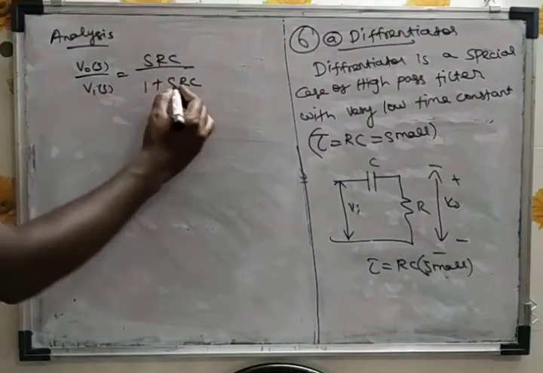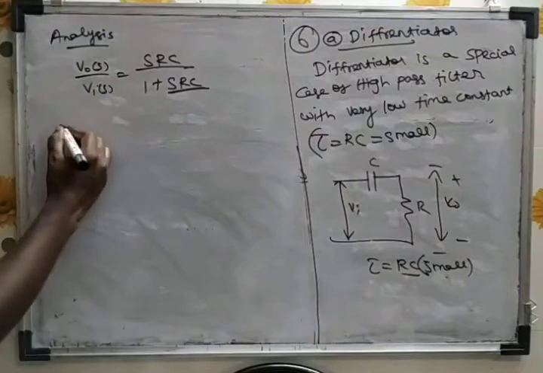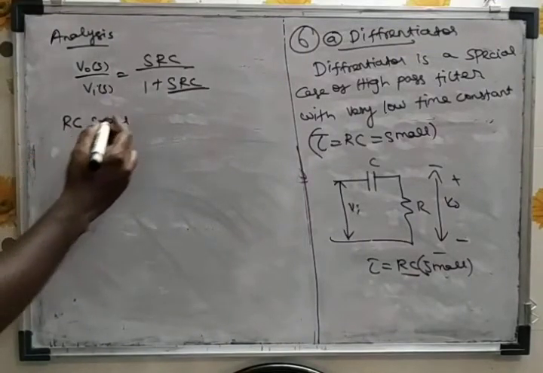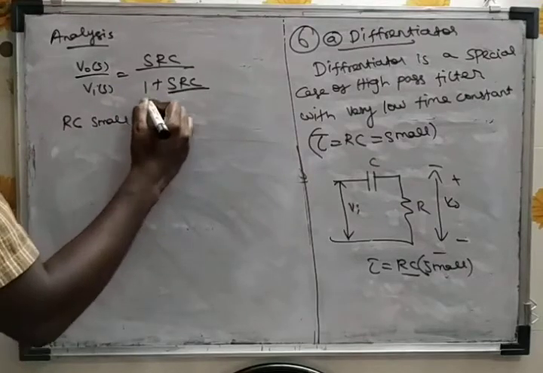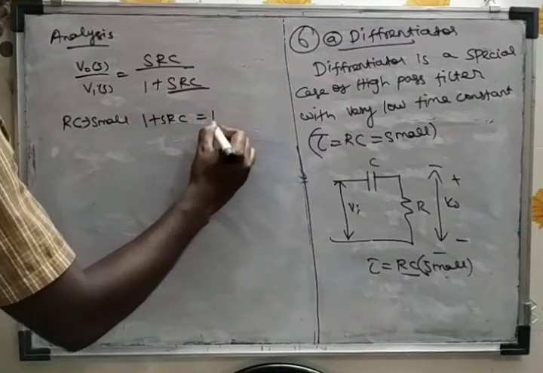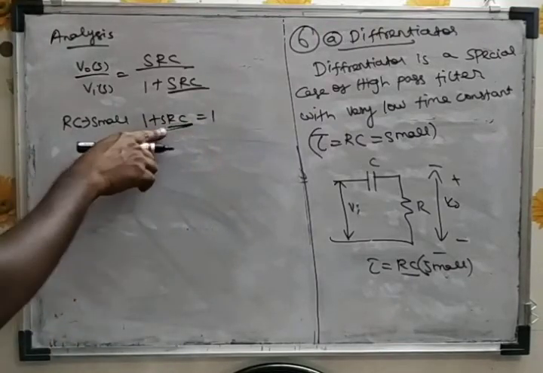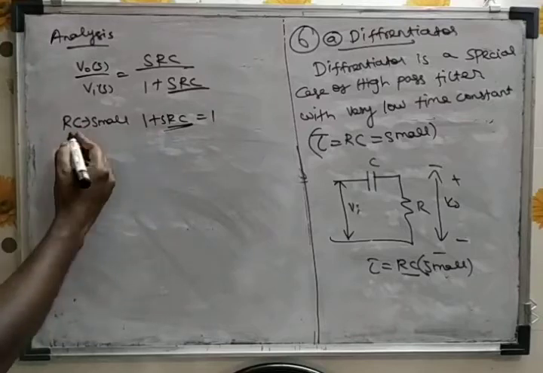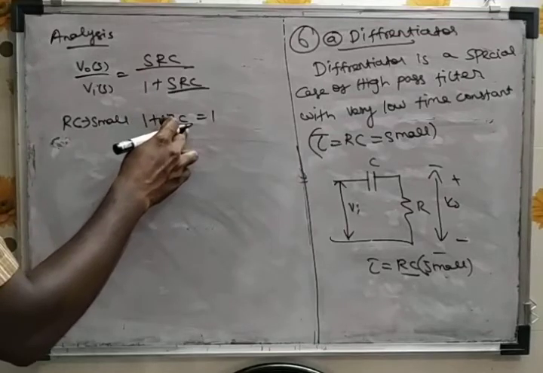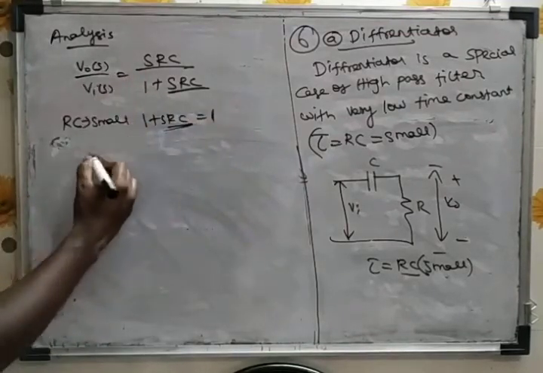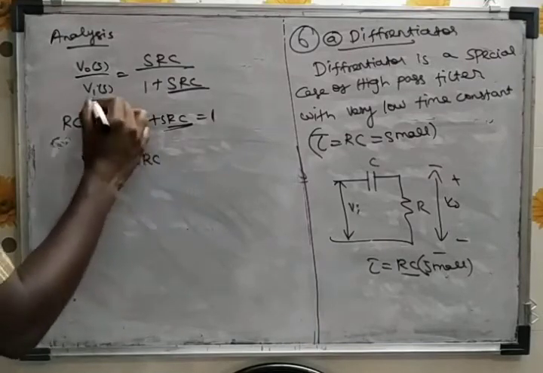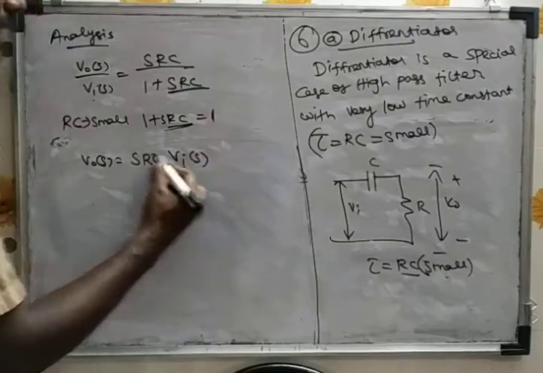When we select RC small, we can approximate 1 plus SRC as 1. RC is very small, so we can approximate it as very much less than 1, and 1 plus SRC is equal to 1. You will get V naught of S equal to SRC into VI of S.